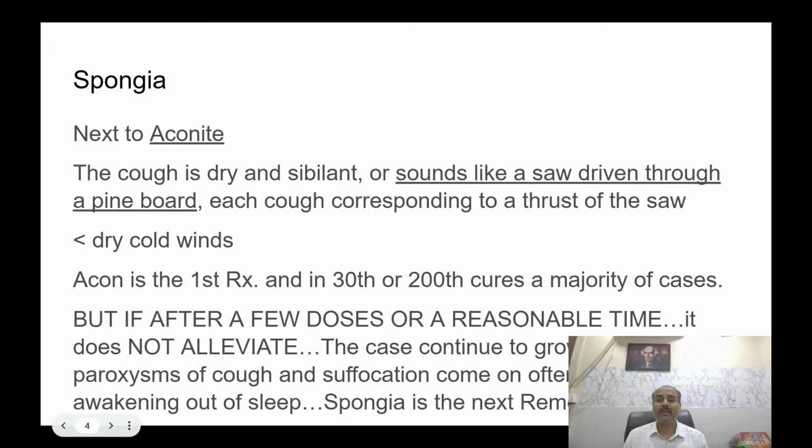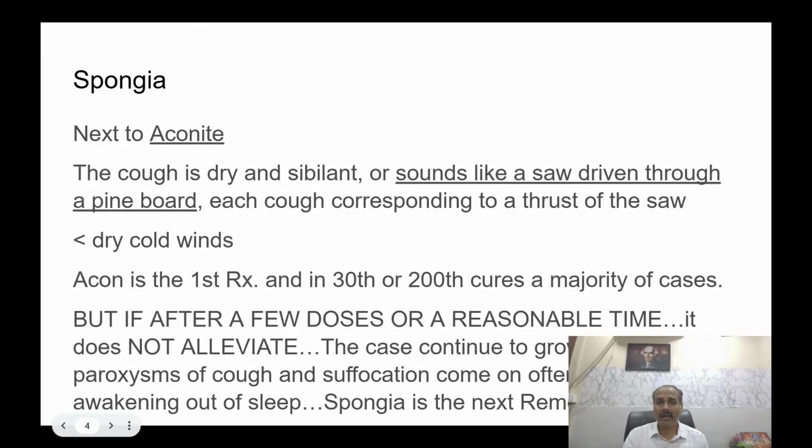This is because he wants to give us an insight into how he thinks and how he prescribes. And for Spongia, he compares Spongia with Aconite and also with Belladonna, with Hepar, with Phosphorus, and how and when we should give this remedy.